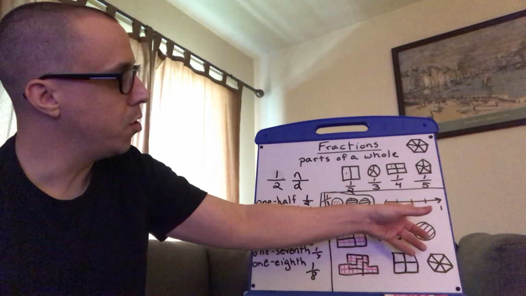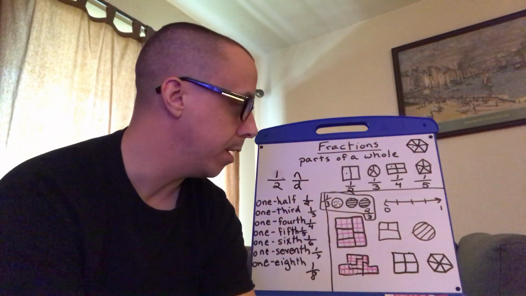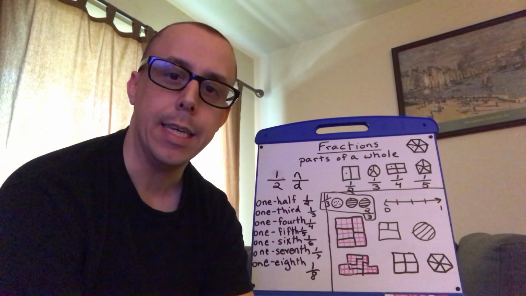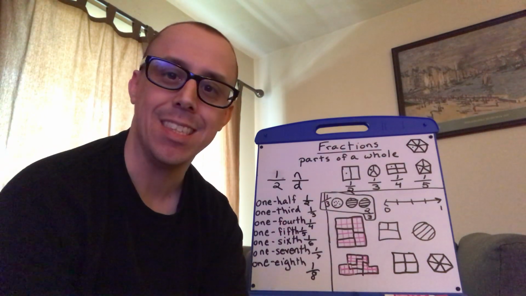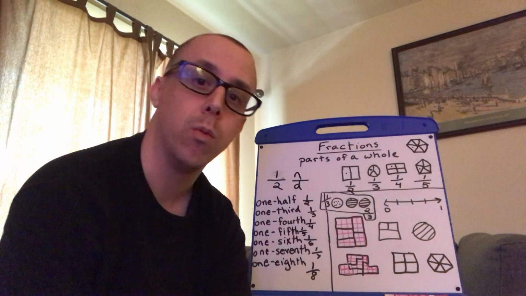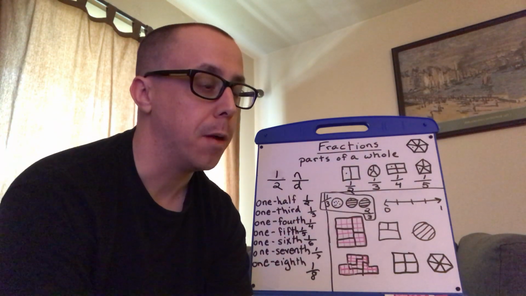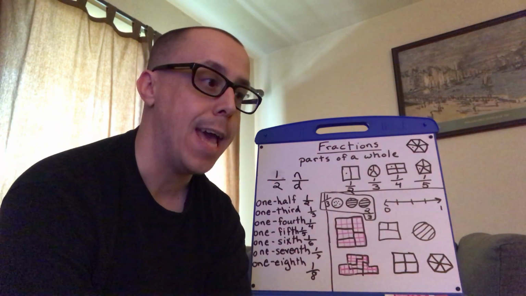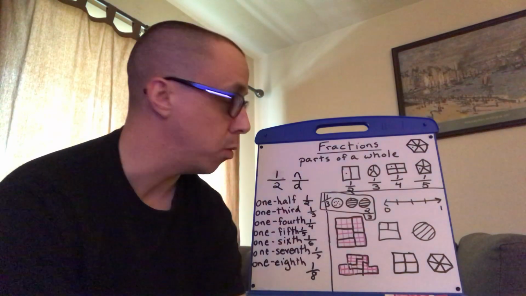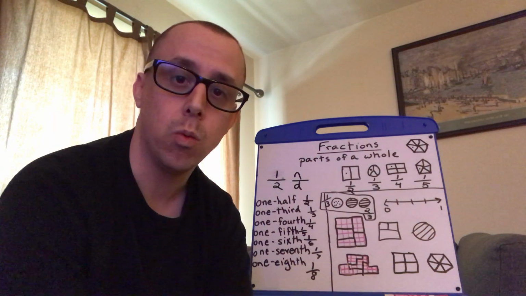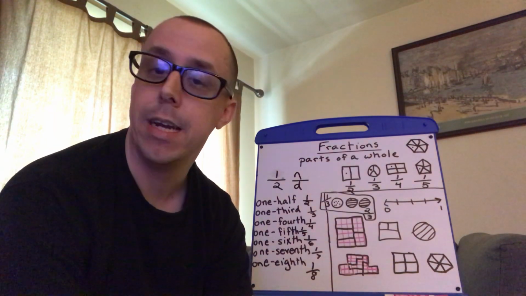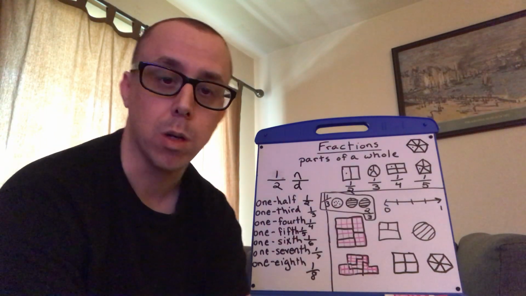Okay, now here another way that you can represent fractions is on a number line. So fractions, as I said earlier, exist between 0 and 1. Okay, 1/2 is halfway between 0 and 1. All right, so here I'm looking at this number line between 0 and 1, and I see that it's divided into 4 equal parts.